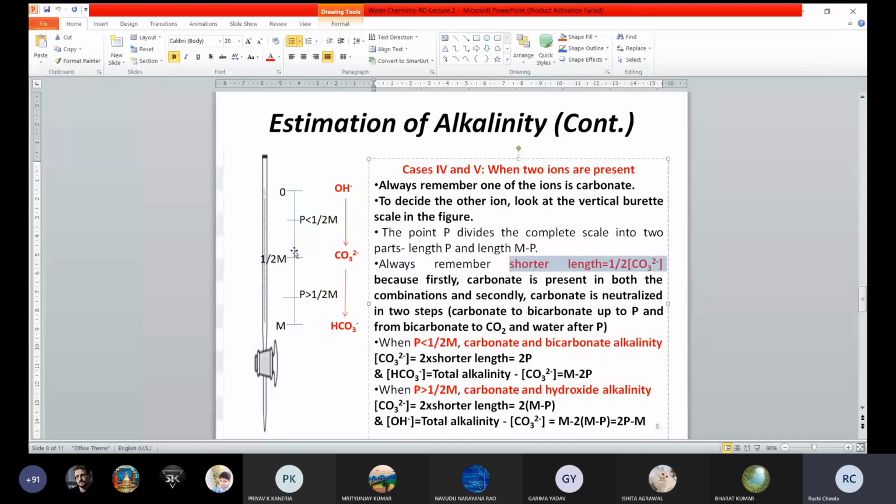This is longer, so some volume will lie towards the end. So after carbonate, which ions are neutralized? Bicarbonate. So if P is less than half M, this is the case of carbonate and bicarbonate alkalinity. Have you followed?